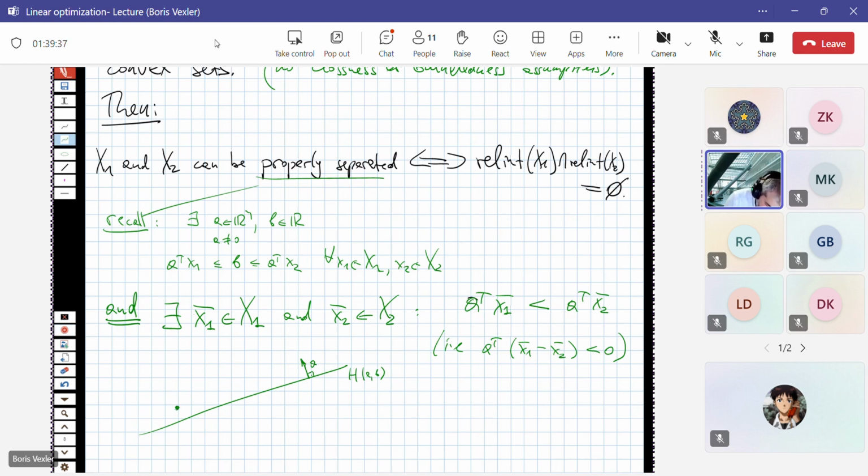It means that you have somewhere here x1 bar and somewhere here x2 bar, and the vector x1 bar minus x2 bar is not orthogonal to A. This means more or less that it cannot happen that the whole set X1 and the whole set X2 are elements of H. This is proper separation.